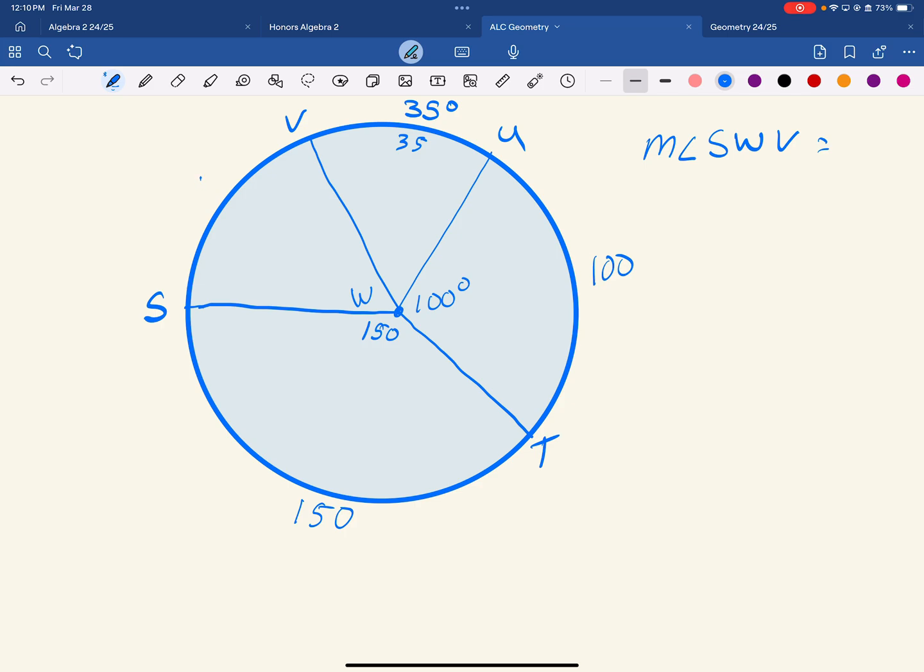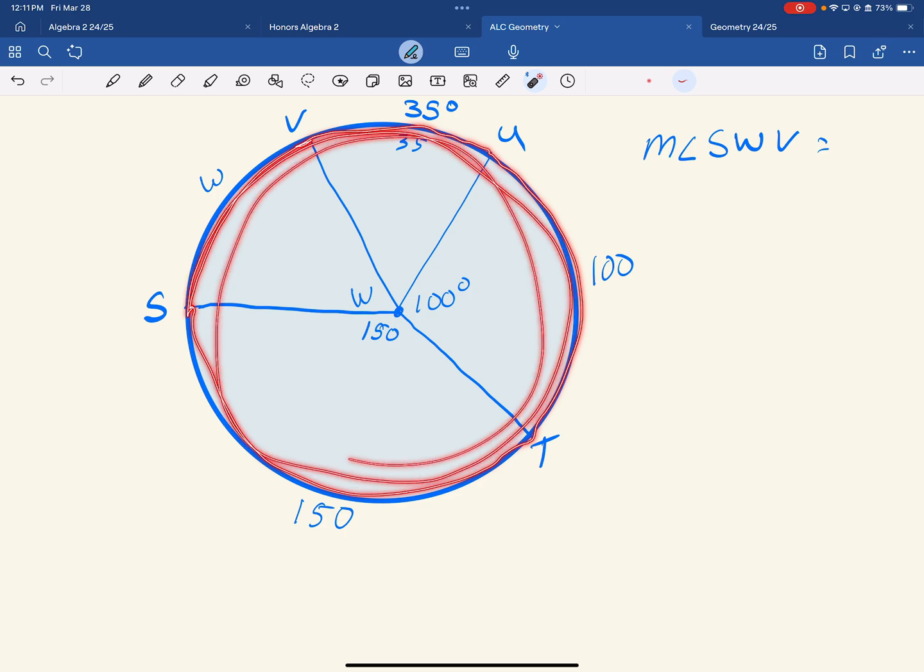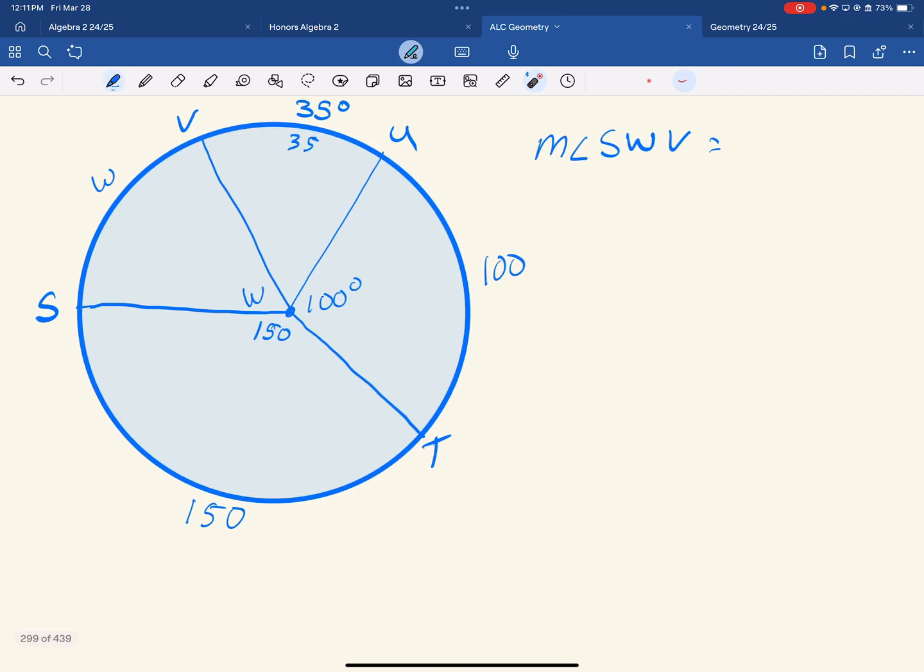And if you notice now, I have that arc, this arc, this arc, and this arc. All of them added together, what do they have to add up to? 360 degrees. So that's what we're going to do.